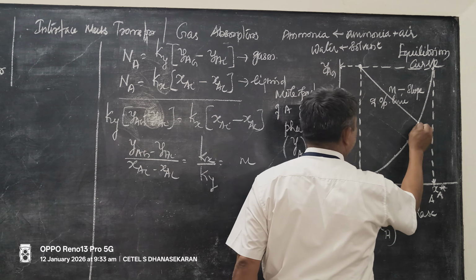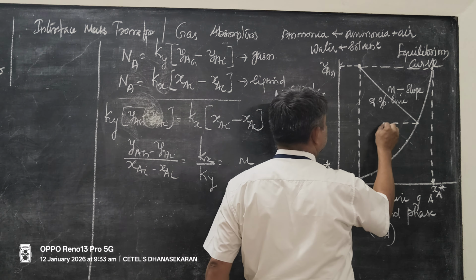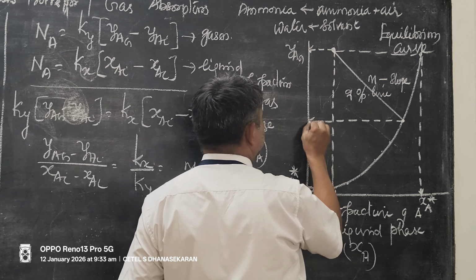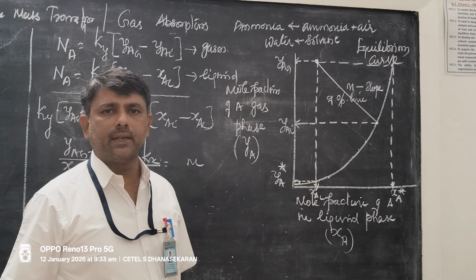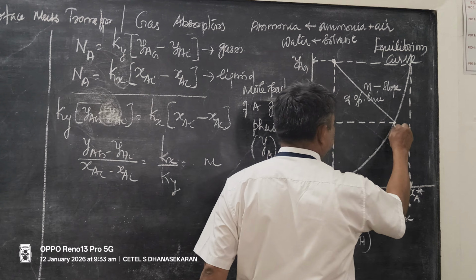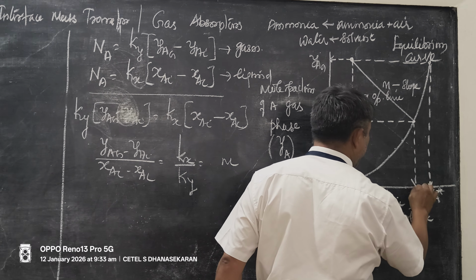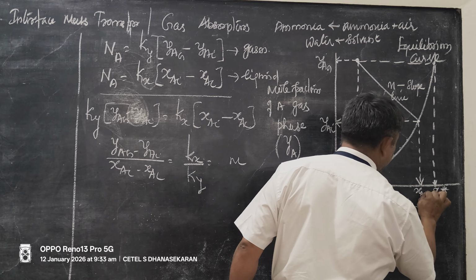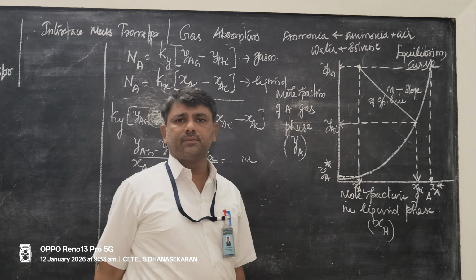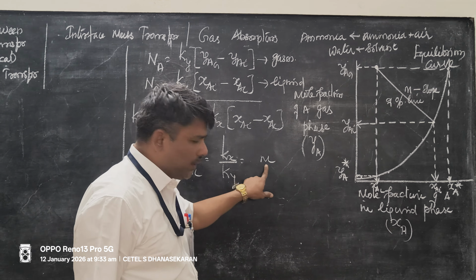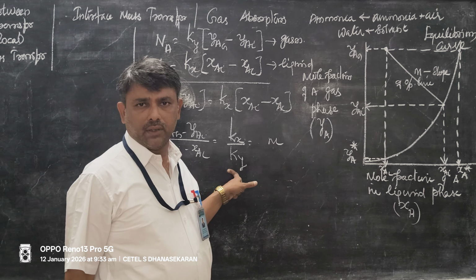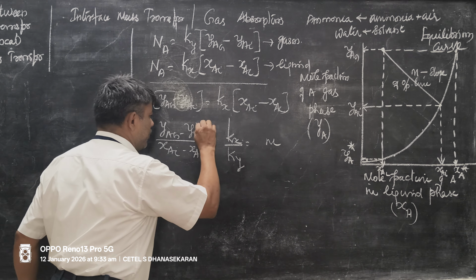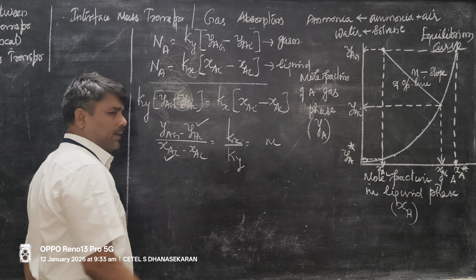This gives YAI, the mole fraction of ammonia in gas at the interface, and XAI, the mole fraction of ammonia at the liquid side of the interface. If the slope value or kx and ky values are given, it is possible to find YAI and XAI.